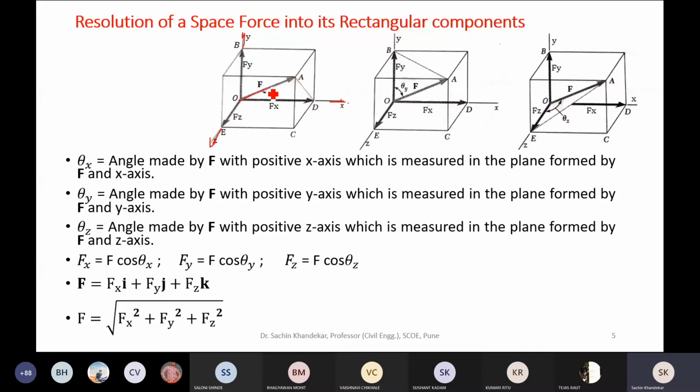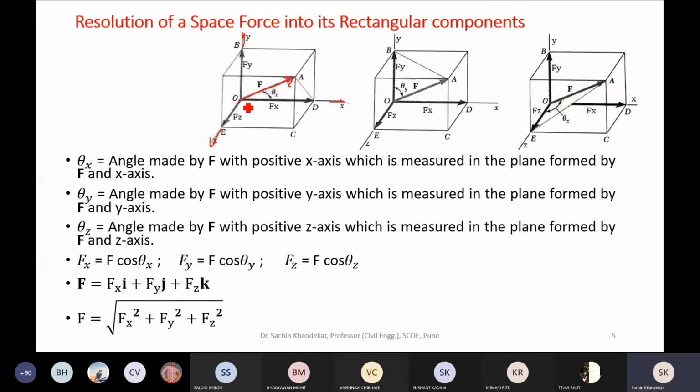And this is your space force; O to A is the force F. Now this force F is given, and then we have constructed a cube, as shown in this figure, A, B, C, D, E, etc. We have constructed this cube in such a way that this force F is the diagonal of the cube.